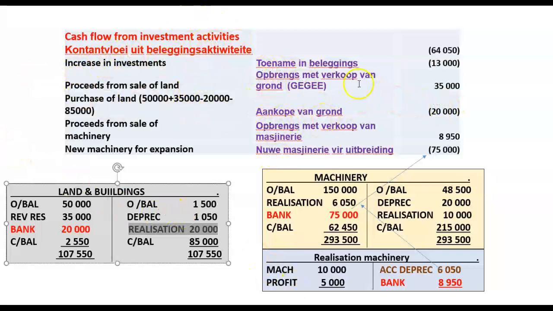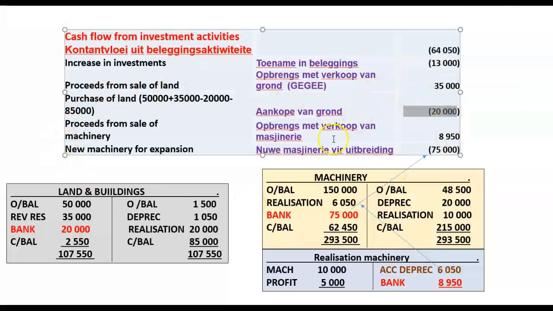Here, proceeds from the sale of land, 35,000 Rand. Great, and then when we now balance off the land and buildings account, now we're able to determine as one balancing figure what was the new land and buildings acquired, and that was 20,000. So purchase of land, 20,000 Rand of land and buildings.